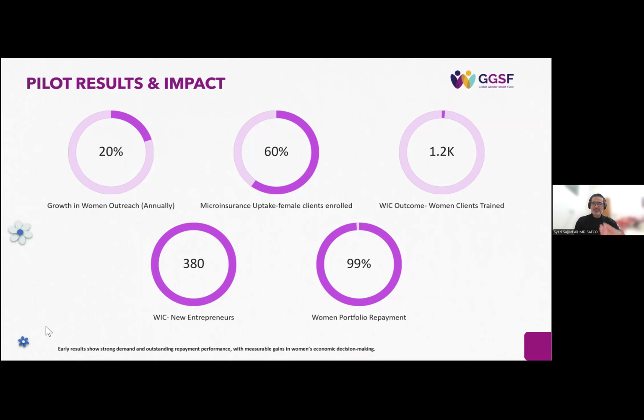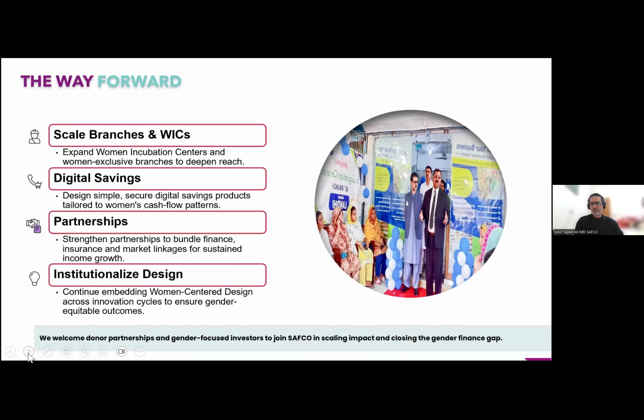So these results are giving us more encouragement to focus more on women-centered products and provide the institutional way forward in the areas that we should work in. In terms of the way forward, we are in the process of scaling our women exclusive branches, and wherever women's inclusion reaches 50%, we stop onboarding male borrowers and focus only on women in those areas.